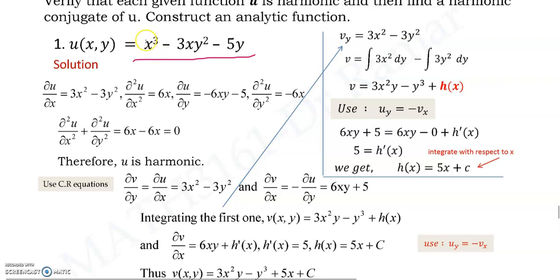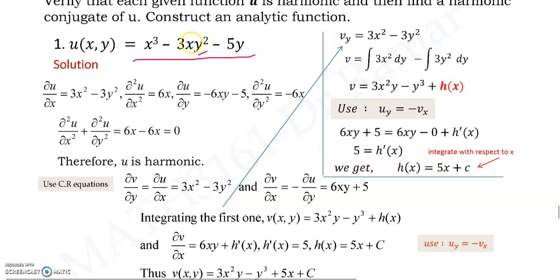Now here we have x cubed, so differentiating with respect to x, we will get 3x squared. Now here minus 3xy squared. We are differentiating with respect to x, so you keep y as a constant. So minus 3y squared is constant.